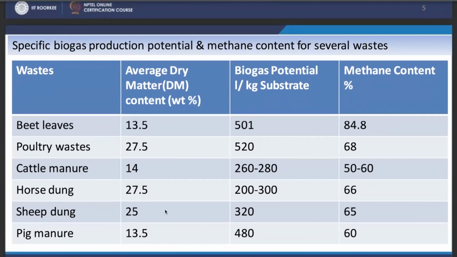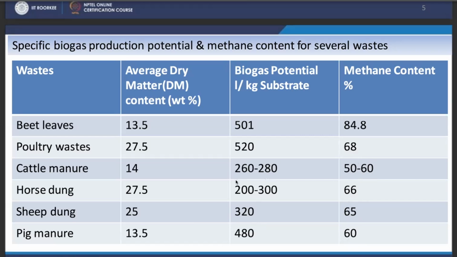If we look for other examples, for example, it has 480 liter per kg of substrate potential for making biogas, but it only has 60% of the methane content. This 480 is greater than cattle manure, right? But their methane content is approximately same, right? The highest value for cattle manure is 60, while in the pig manure it is 60.